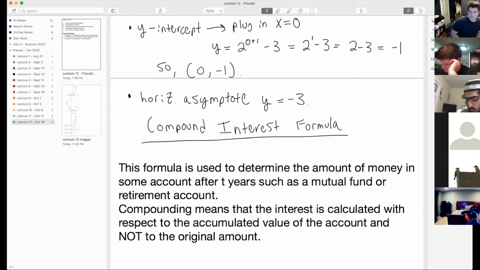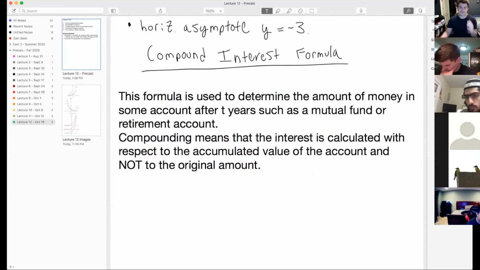So pretty much when you calculate that interest, the quantity you use in that calculation is the present value of the account, not the original value that was in that account when you opened it up. So this is just a brief description of the formula.